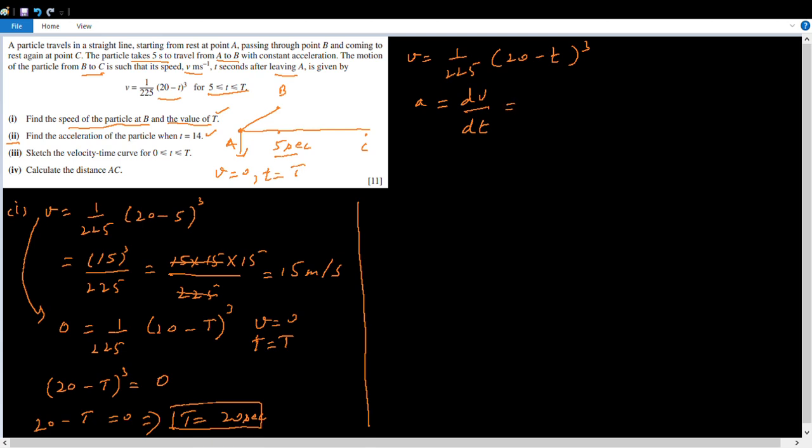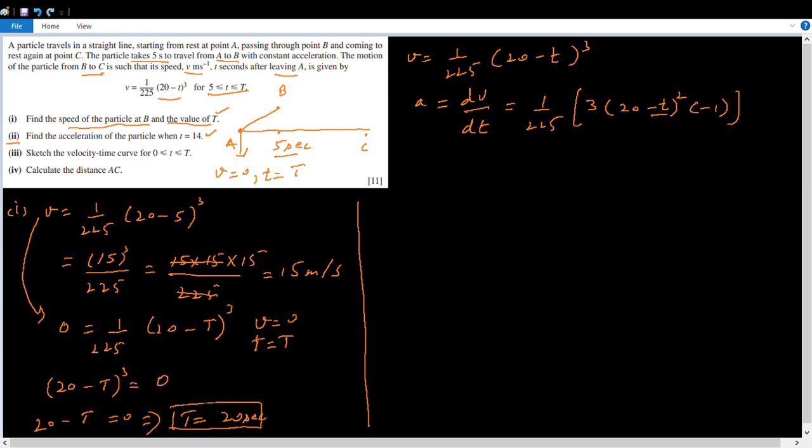So this will be equal to 1 over 225, and when we find the derivative of this (20 minus t) cubed, it will be the power rule. So 3 comes first, and then (20 minus t) with power 1 less, then the power is 2, and the derivative of the inside will be equal to minus 1.